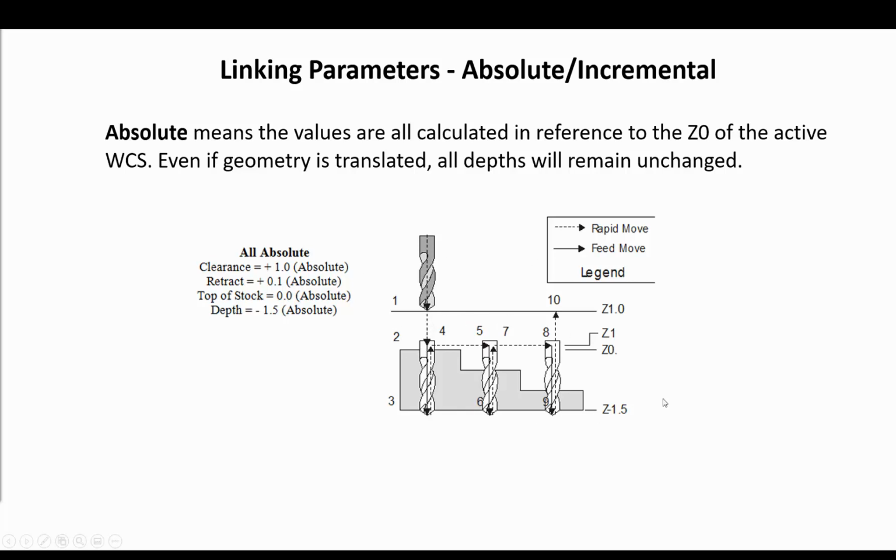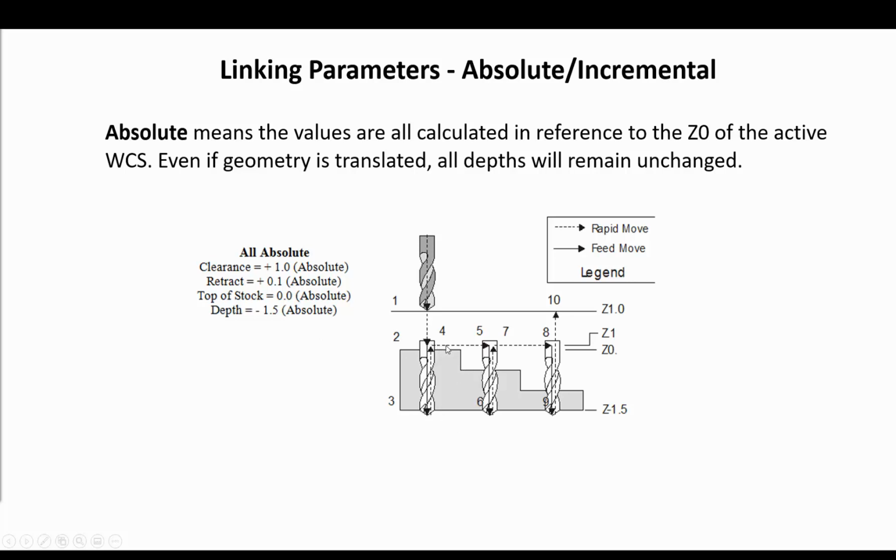Because this is a drilling operation, we don't have the feed plane, but from the retract in a drilling operation, the tool will start with feed rate and feed to the final depth, which in our case is set to minus 1.5.